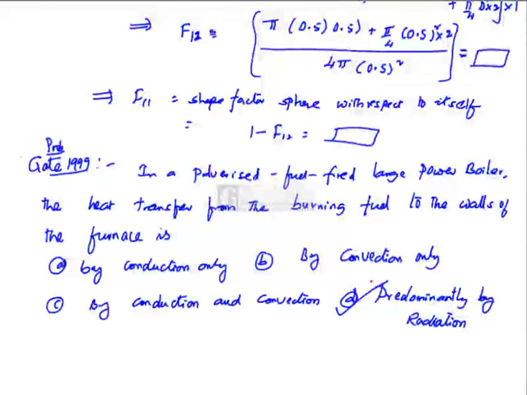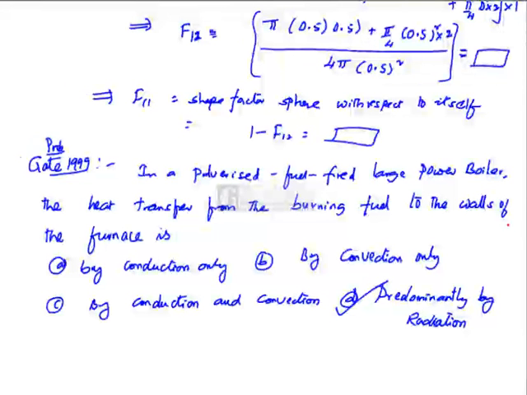The reason is, in a pulverized fuel large power boiler, there is a huge temperature difference between the flue gases and the walls of the furnace. So, a very large temperature difference automatically makes the radiation heat transfer dominate completely over conduction and convection. As I said already, whenever the temperature difference is higher, radiation heat transfer dominates over conduction and convection.